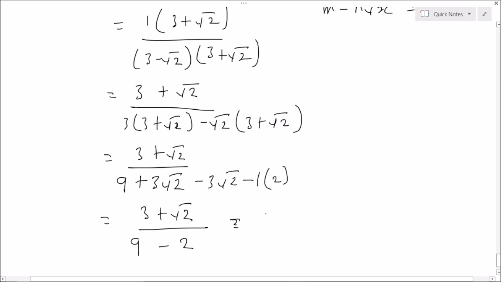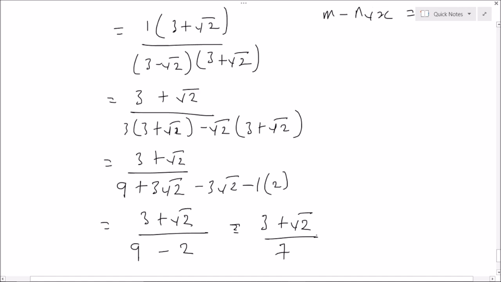Simplifying gives us 3 plus root of 2 over 9 minus 2, which is 7. Here we may choose to leave our answer in this form, or we can leave our answer as 3 over 7 plus root of 2 over 7. That is, the 7 affects the 3 separately and it also affects the root of 2 separately.